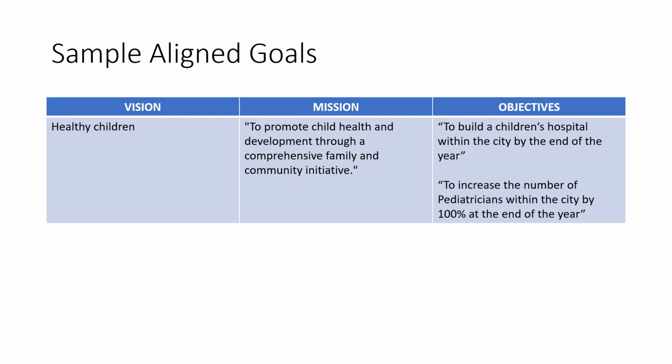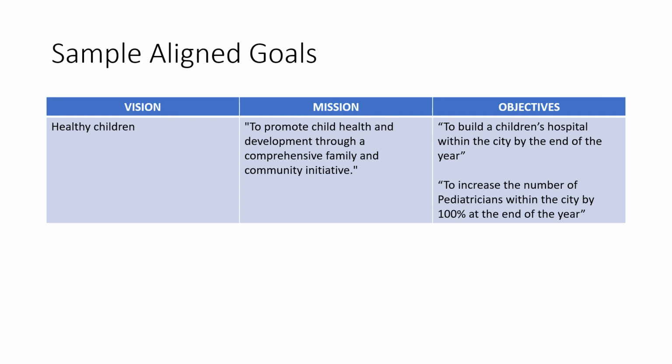Now here is an example wherein we have aligned the vision, mission, and the objectives. For example, the vision of the company or an organization. Okay, for example, their vision is to have healthy children. That is just their simple vision. Have healthy children.